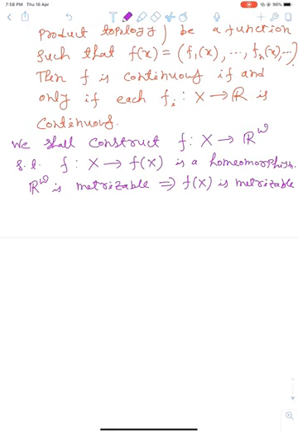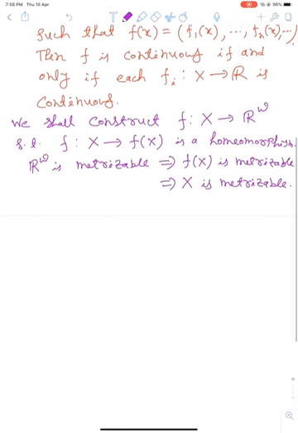Now since f(X) is metrizable, that implies X is metrizable. Right? So we just need to construct one function f from X to R omega such that the restriction, which we can also call f since we are just restricting the codomain, is a homeomorphism from X to f(X). So our focus is to construct this kind of function.